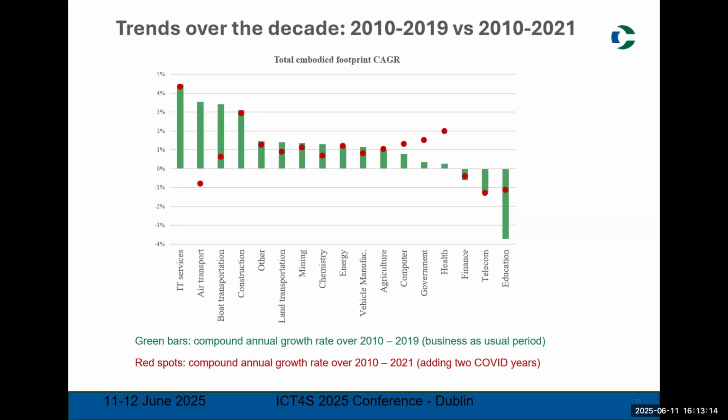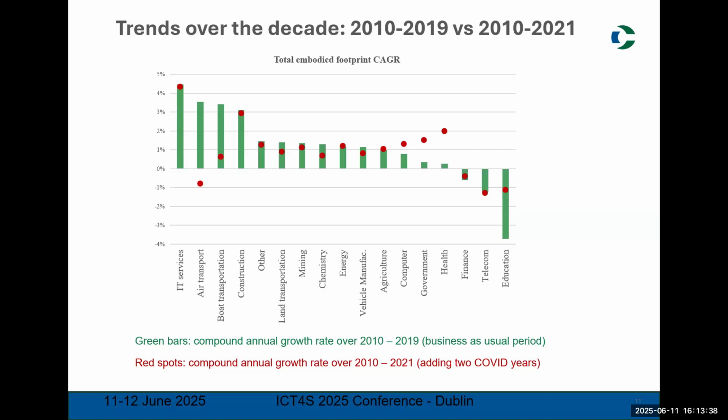As for ICT now, let's focus on these aggregates and the main core of our study. ICT footprint is increasing by 1% a year if we look at the aggregate sector. It's a slower rate than the rest of the economy at 1.3%. But the interesting result is that the trends for the three ICT subsectors are fairly different.